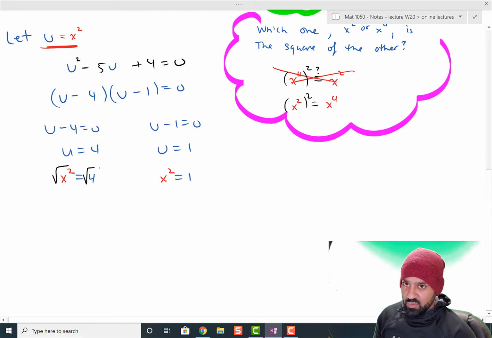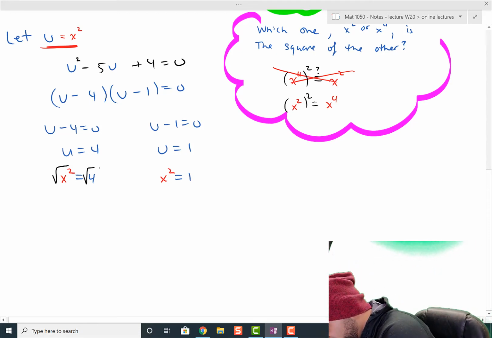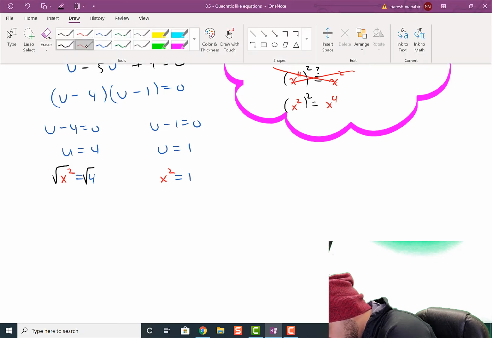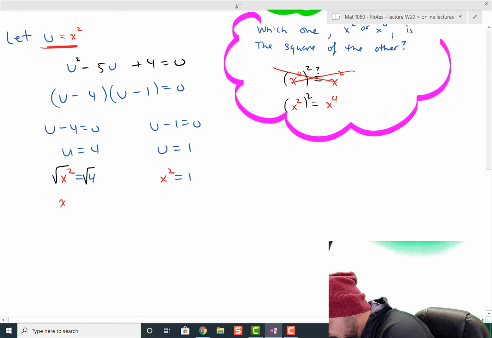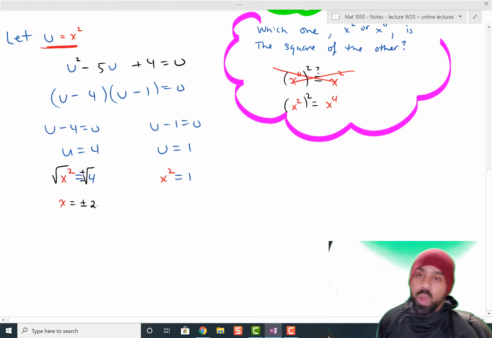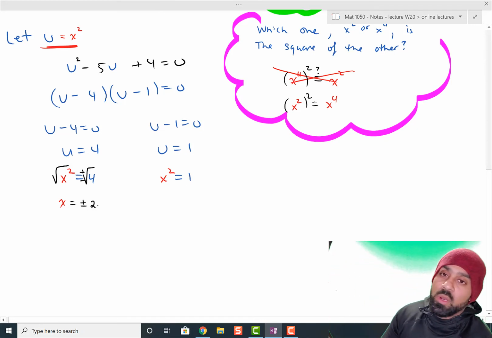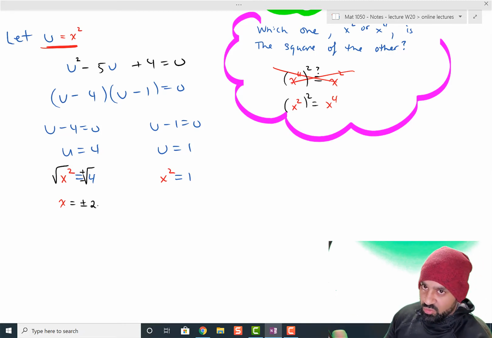You want to undo the exponent. So this gives me regular old x on the left side. Don't forget that when you square root a number, immediately you have the positive version and the negative version. Why? Because when you square either one, the positive or negative goes away. So it's always plus or minus.